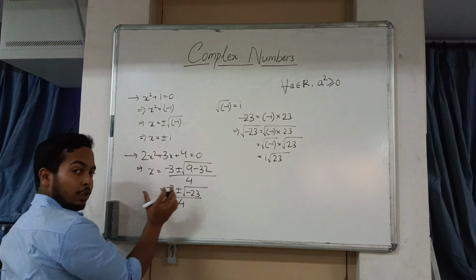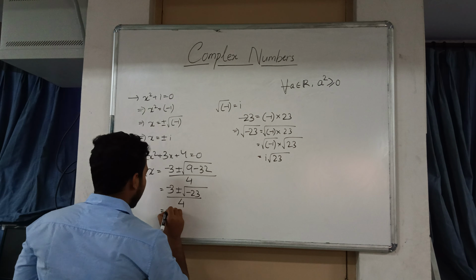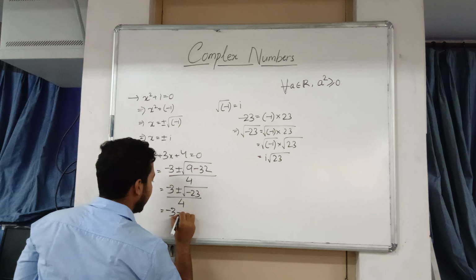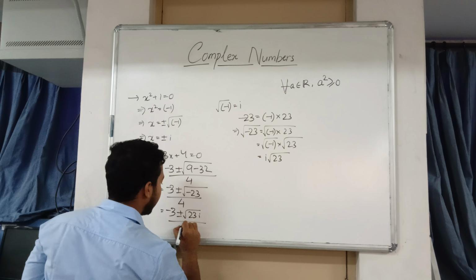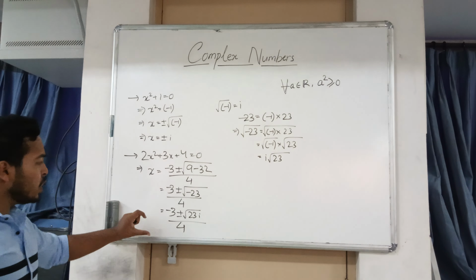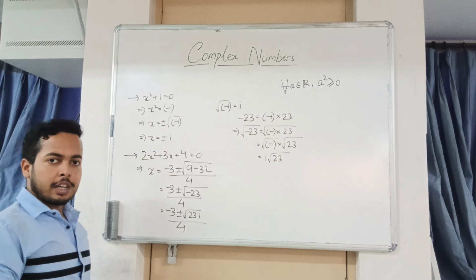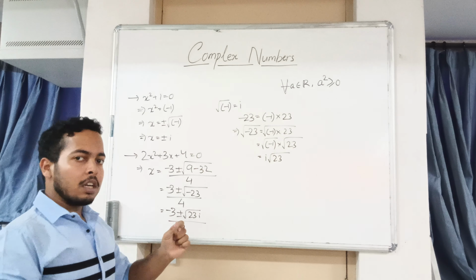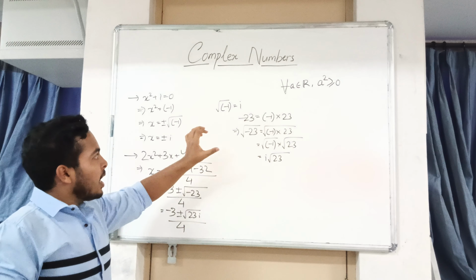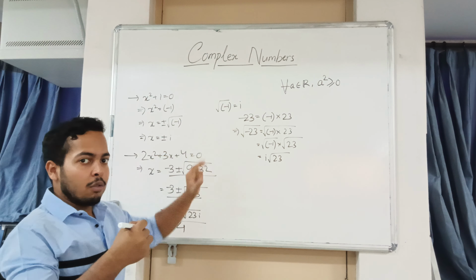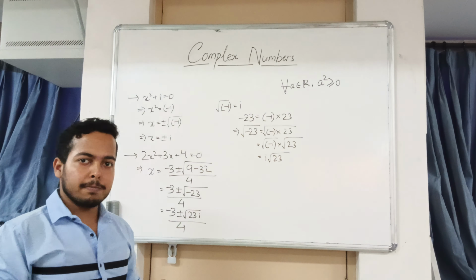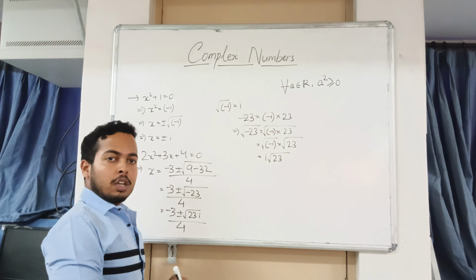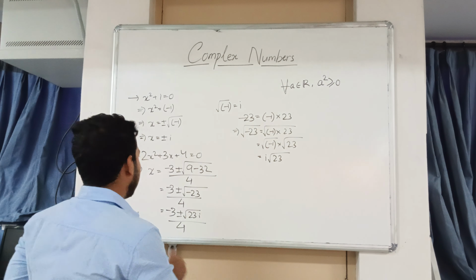So substituting it over here, I have x equals minus 3 plus minus root 23 i divided by 4, which is the required root of this quadratic equation. So from here we observe that by using just this notation we can find the square root of any negative real number. Okay, now let's move on to the definition of complex numbers.